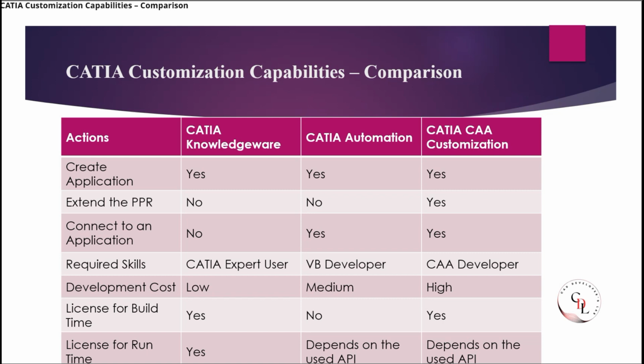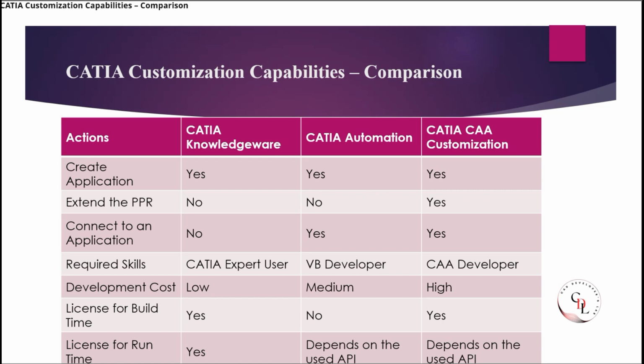The same thing we cannot do in automation, but here is the more beneficial. With the CAA customization, we can extend that PPR. Connect to an application: in CATIA knowledgeware, we cannot connect with a different application. In CATIA automation, we can connect, yes. In CAA customization, we can connect.